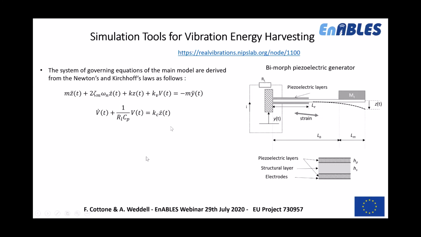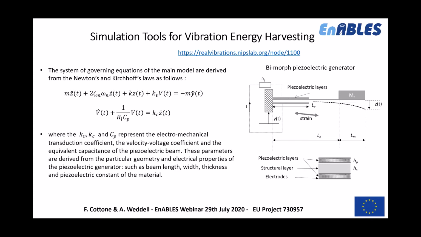And the second equation is based on the Kirchhoff law, because in this case we take into account the resistive load that is connected to the mechanical system. So the resistive load, with its impedance, affects the mechanical behavior of the system. So it's a system of two coupled equations, and not just one formula like previously in the first simulator.